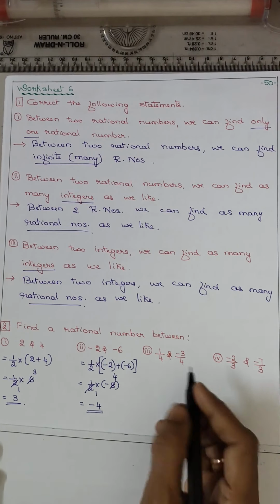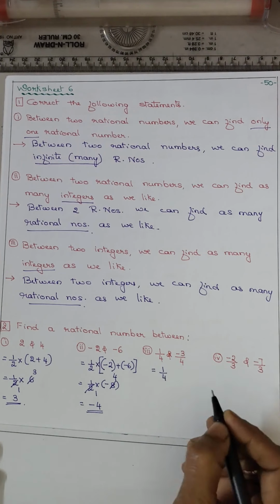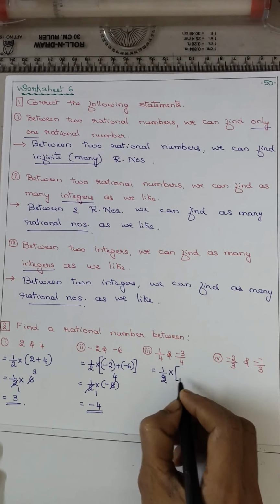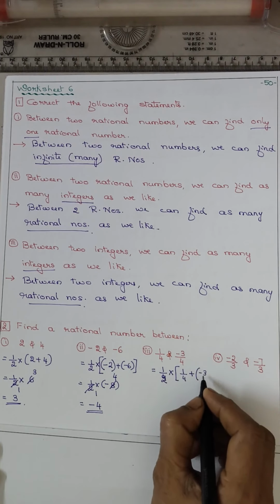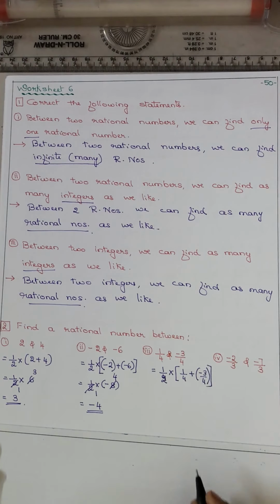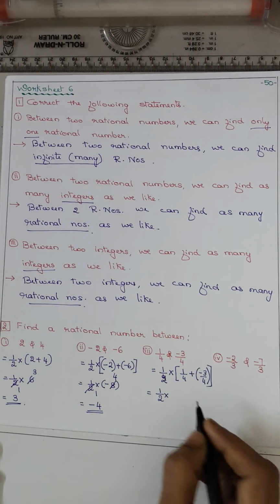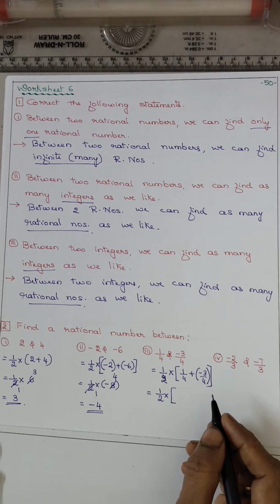Now coming to the next, it is 1 by 4 and minus 3 by 4. So half into 1 by 4 plus minus 3 by 4. Okay. Now 1 by 2 into, denominator is same.